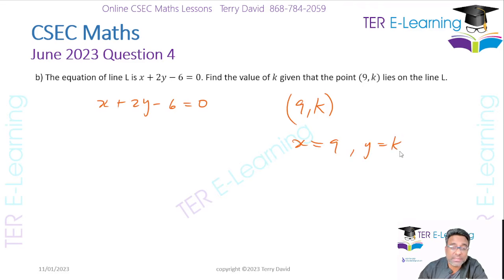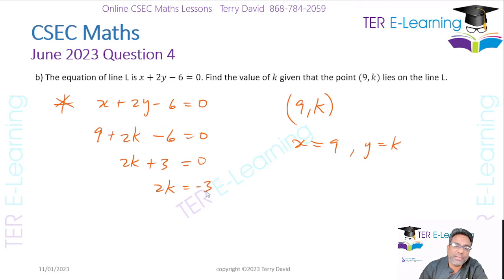So we need to substitute that into my equation for the line, because if a point lies on a line, it must satisfy the equation. So in this case, it's going to be 9 plus 2k minus 6 is equal to 0. So 9 minus 6 is going to give me positive 3. So 2k is equal to minus 3. So k is equal to minus 3 over 2. That's the value of k.